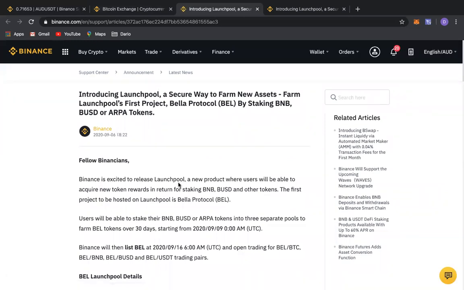That means most people trade in US dollars, and if you wanted to earn this Bell token for free, you can stake US dollars. So no matter what happens, your US dollars are going to stay the same value, and you can earn this cryptocurrency for free. So if you haven't had a chance to explore this side of Binance yet, and you do hold USDT, I know a lot of people are stashing it lately waiting for a good buy opportunity, it might be something you want to look into.